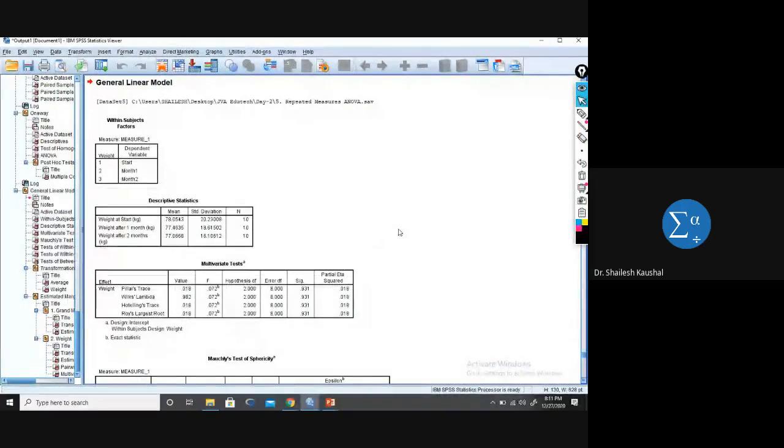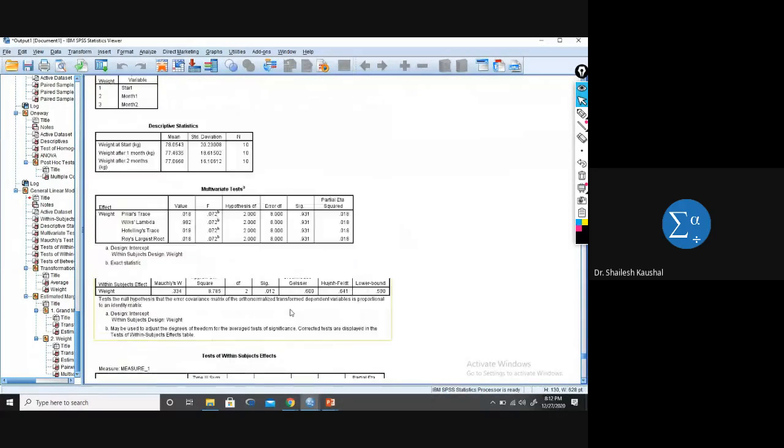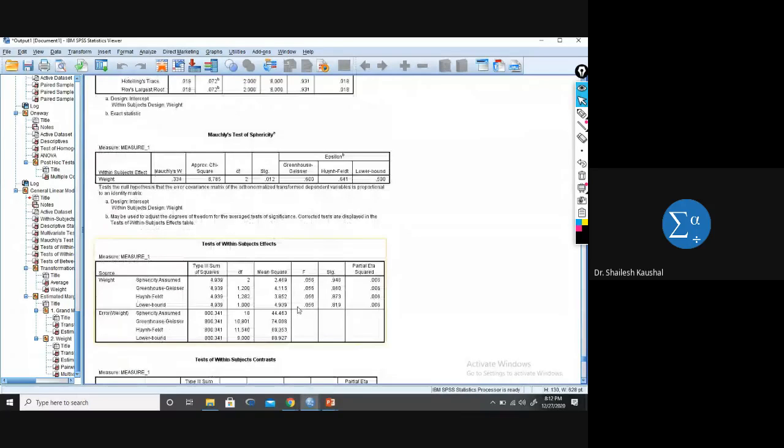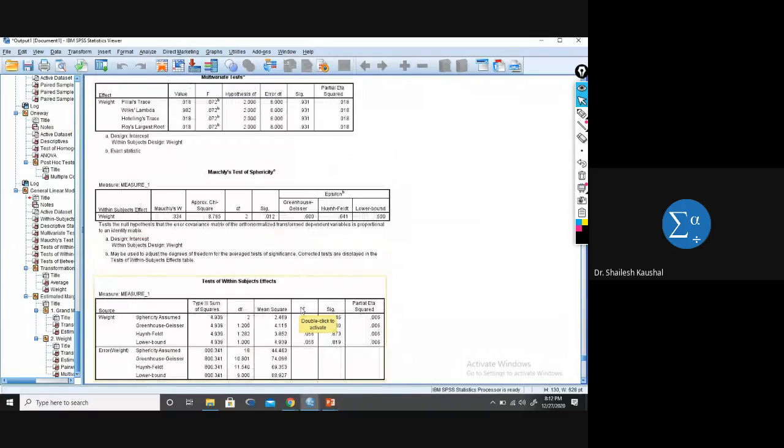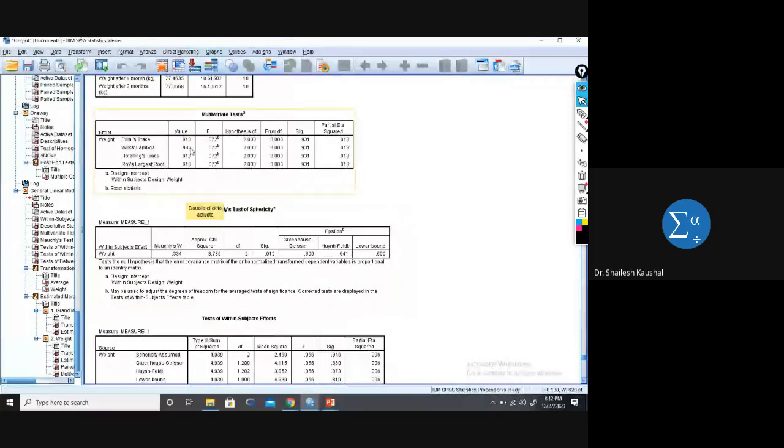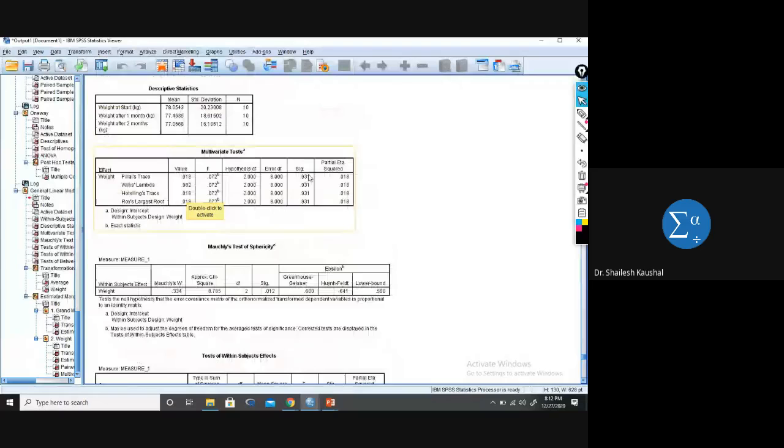We will check only the p-value, whether the p-value is significant or not. Here we can see the multivariate test. The p-value is greater than 0.05.